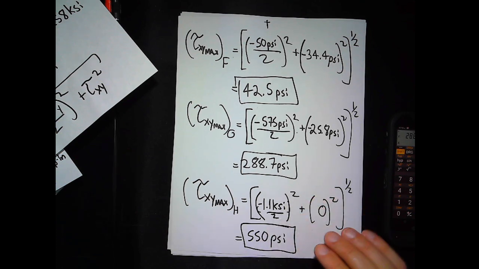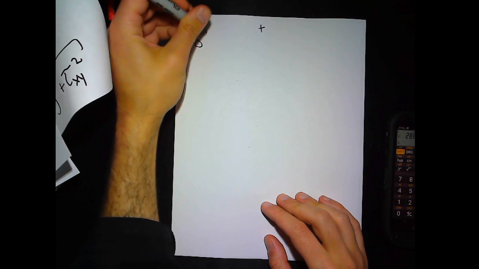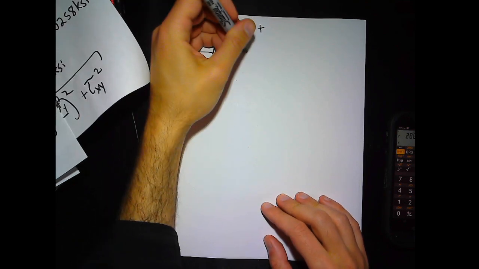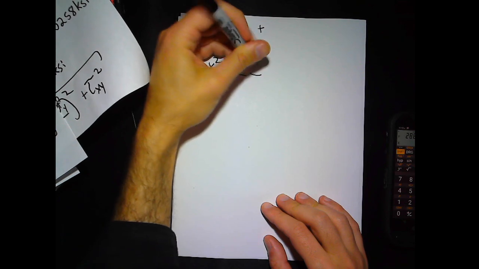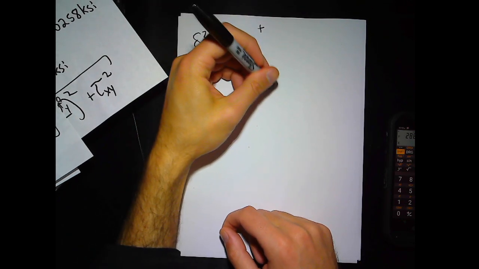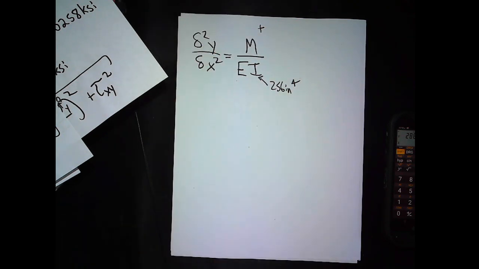Now we just have to find deflection and slope of the beam at that same point. So we know that the second derivative of y with respect to x is M over EI. If I know E, I sub it in. I know I is 256 inches to the fourth.